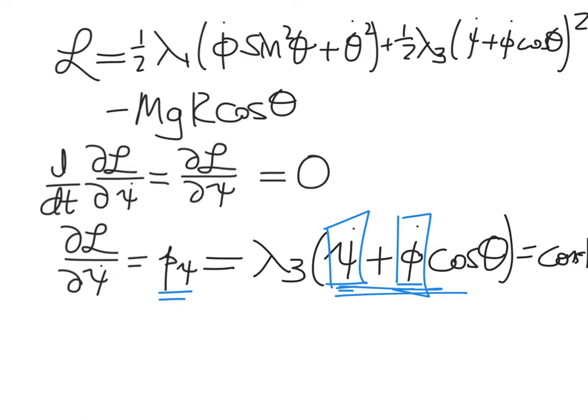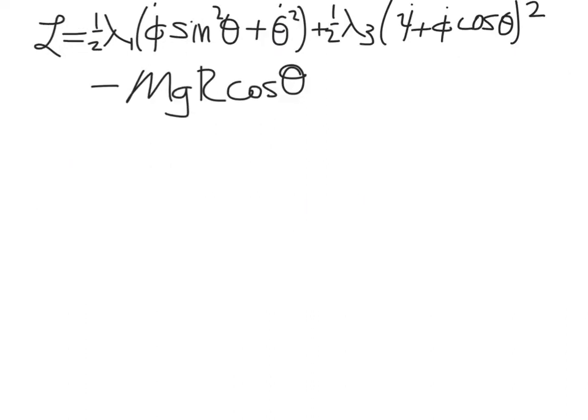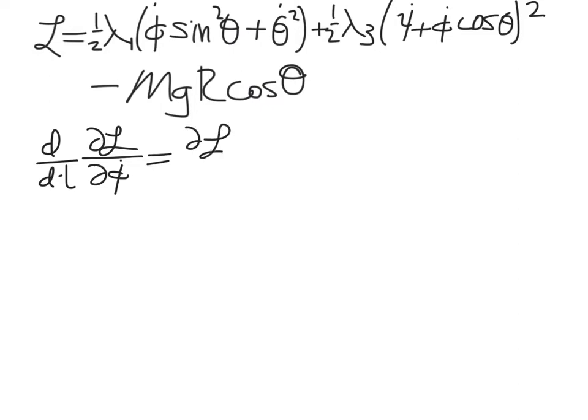Okay, so now let's look at the phi coordinate, the Euler-Lagrange equation for the phi coordinate. I've rewritten the Lagrangian here for reference, and now we want to apply the Euler-Lagrange equation for the phi coordinate. Remember, we have this, and this is going to be equal to the phi partial of the Lagrangian.